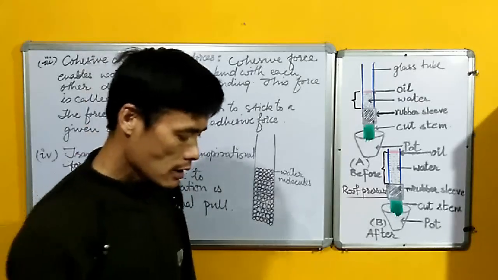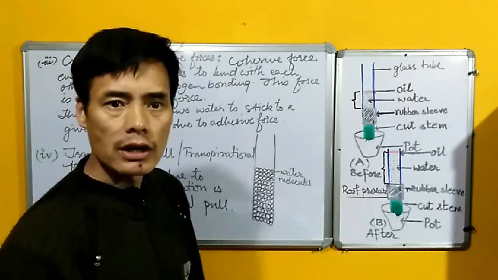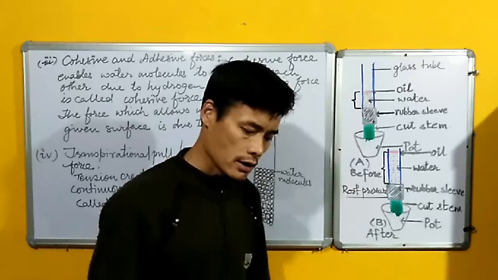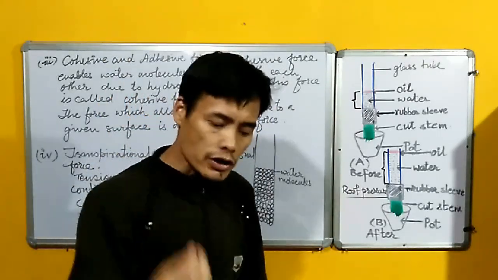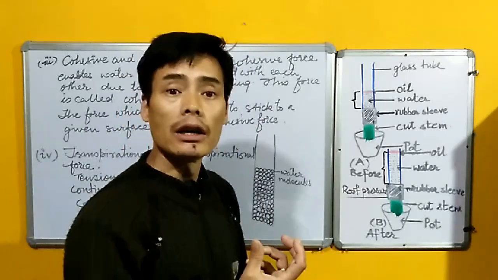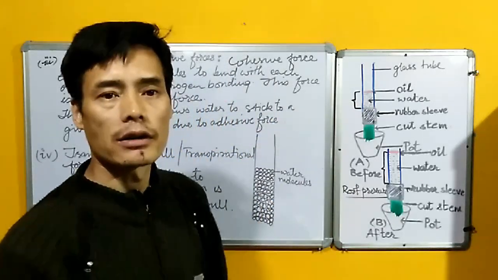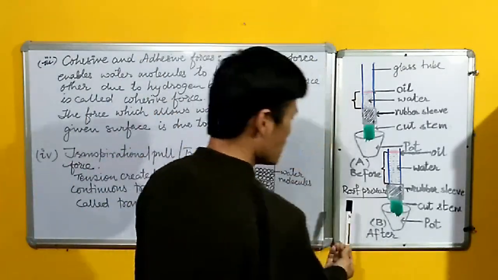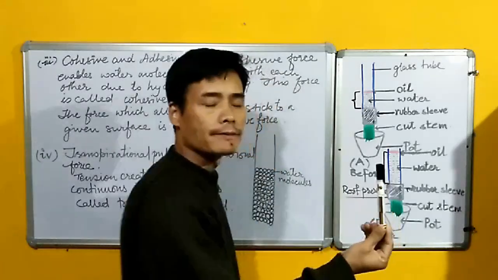So today, I would like to explain some of these experiments which will bring us to the conclusion that these forces do exist and do enable the movement of water and minerals from the roots to the shoot of the plant. The very first experiment that we are going to understand is with reference to the root pressure.